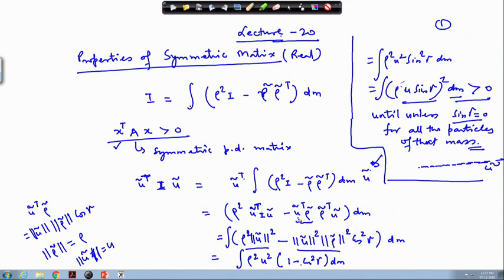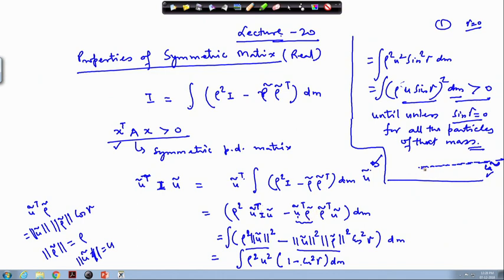Here we have written it in terms of sin gamma. Putting gamma equal to 0 means this vector and the rho vector are both aligned. Because this u tilde is an arbitrary vector, which you have taken on your own, the rho vector is lying along that direction itself.